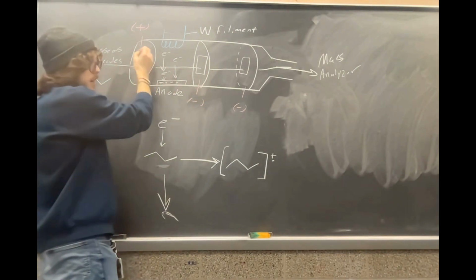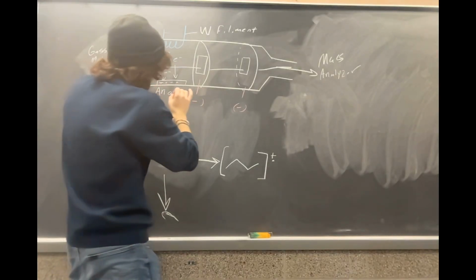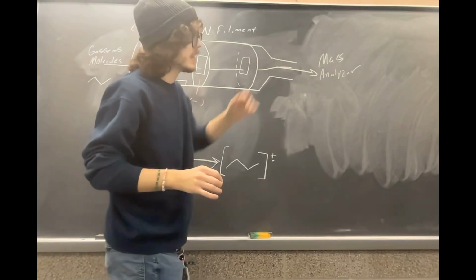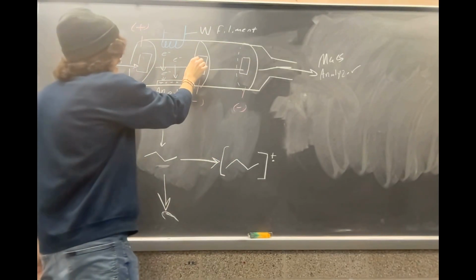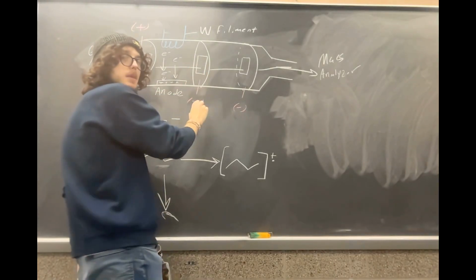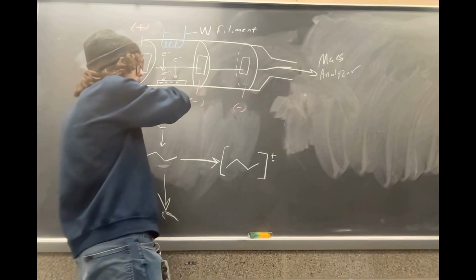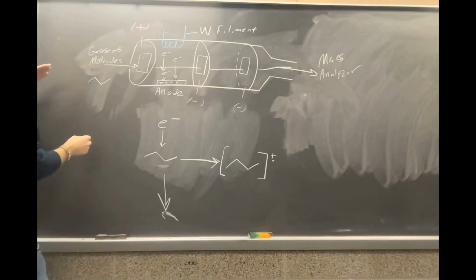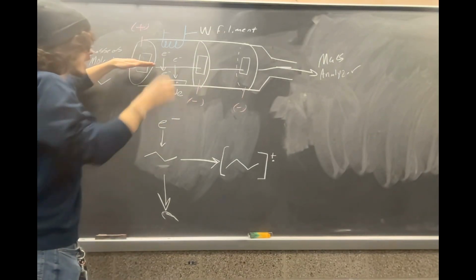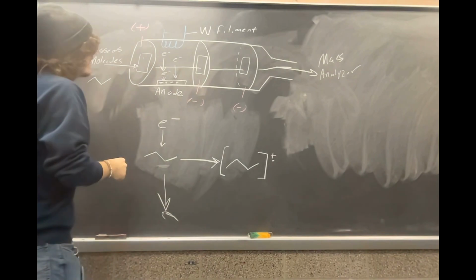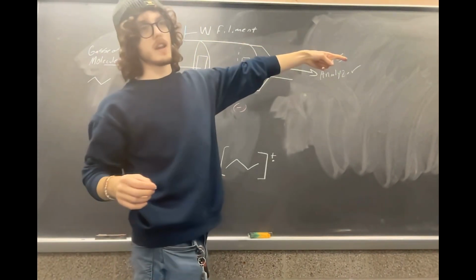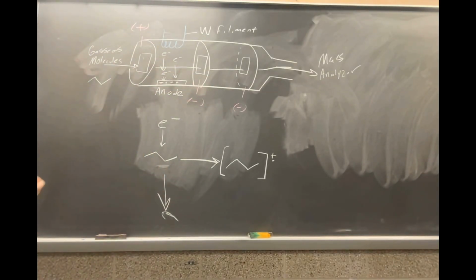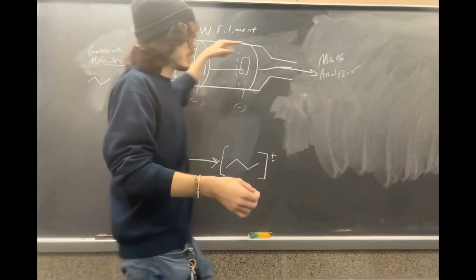This is an electric field, positive to negative. It's going to accelerate these radical carbocations toward the mass analyzer. A positive charge gets attracted to the negative plate, and then we have another negative plate here, so it's further accelerated. In total, these molecules come in with some velocity, get hit, get ionized, and then get shot through this ionizer because they're accelerated by an electric field force, through to the mass analyzer.